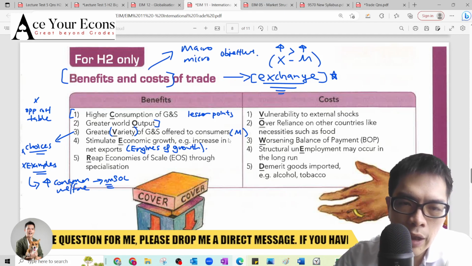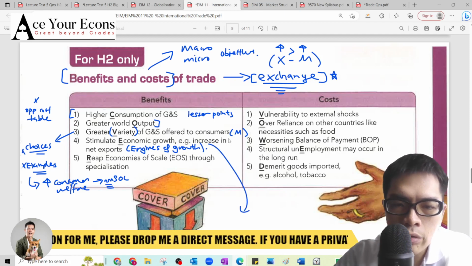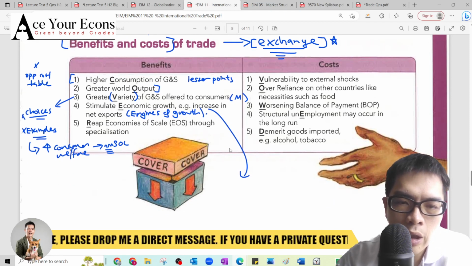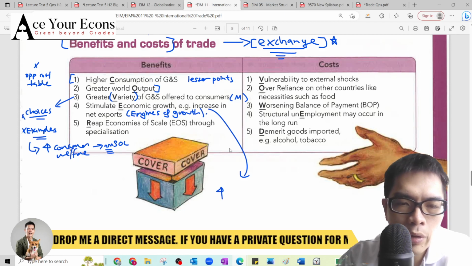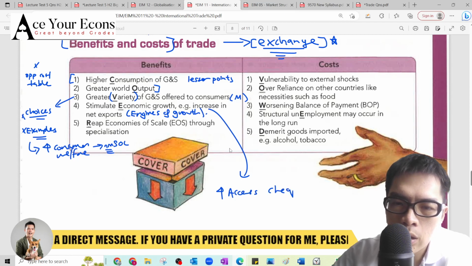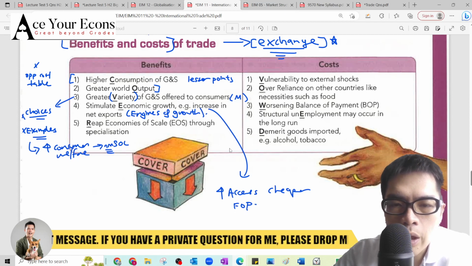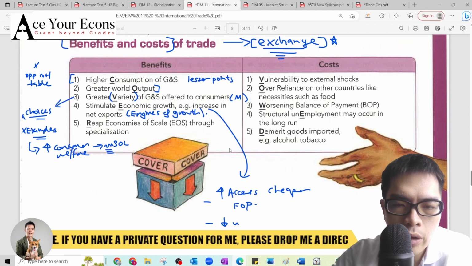So there's also another alternate route. Last week I also covered this. You can argue this from the perspective of cost. You can illustrate that with trade, you are going to have greater access to cheaper FOP. With cheaper FOP, this is going to reduce your unit cost of production.